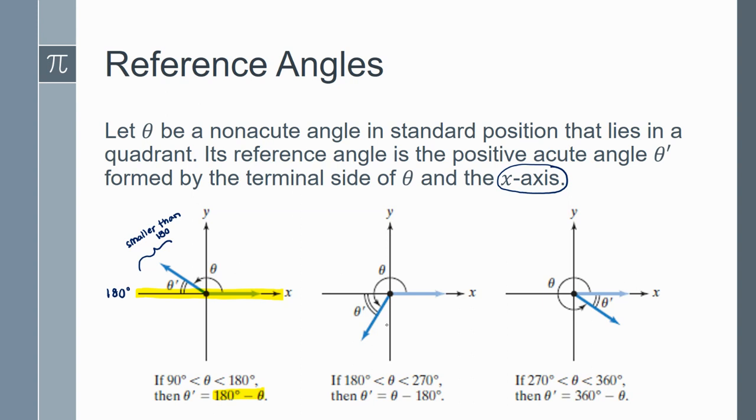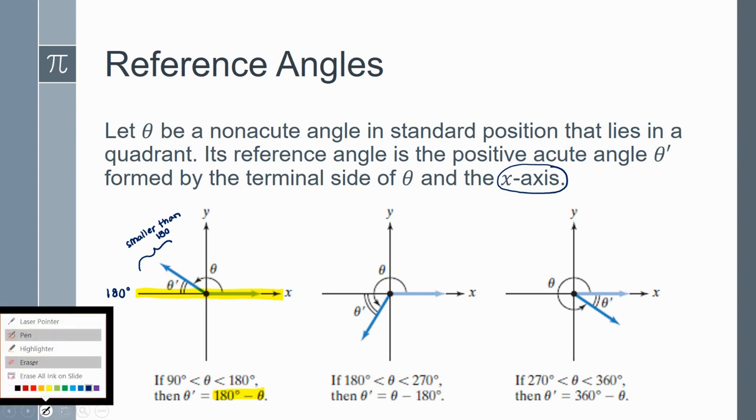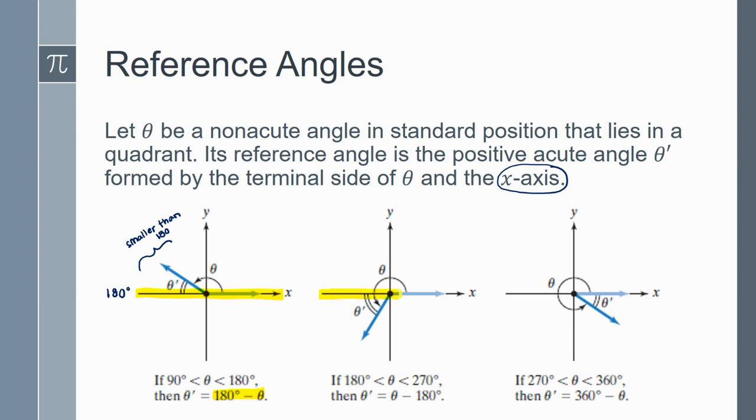Okay, here then, if my angle's in the third quadrant, I still need to understand that I'm focusing on the x-axis, okay? And what is closest to that angle in the third quadrant on the x-axis? Over here at the 180? 180 degrees is going to be a lot closer than over here, which is really 360.